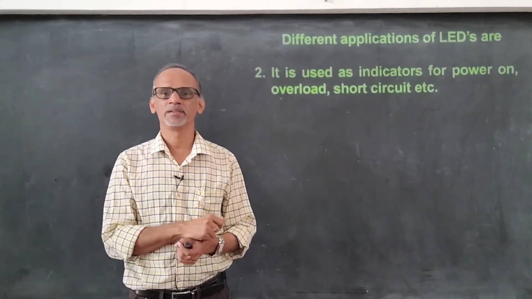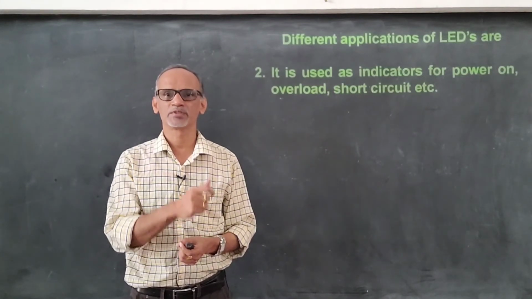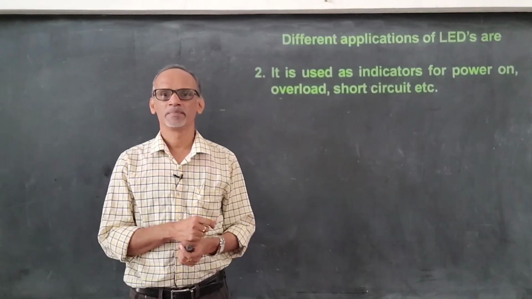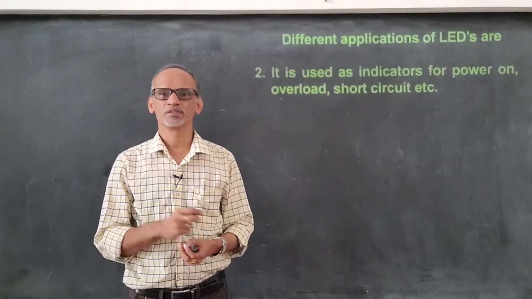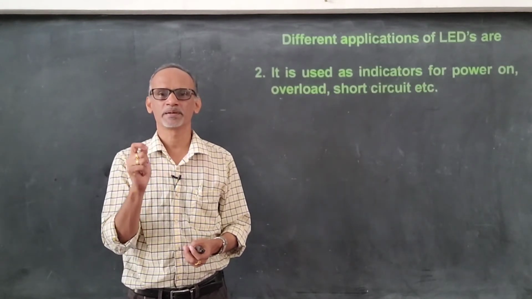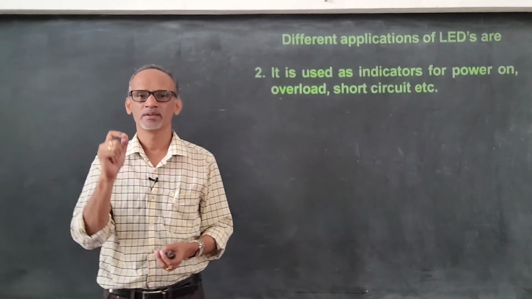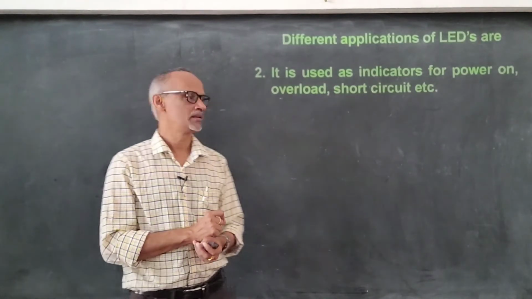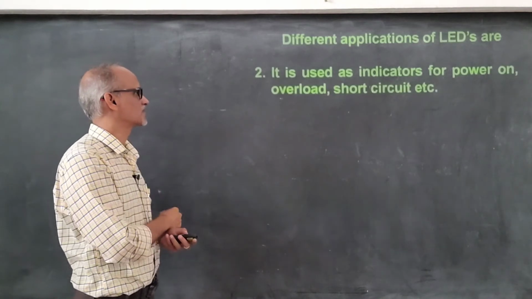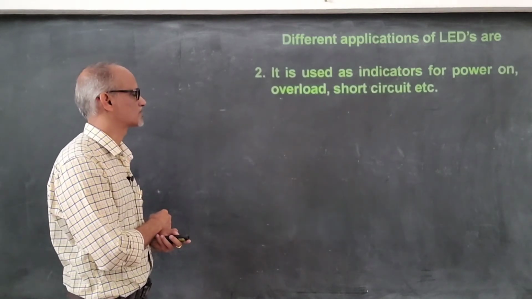You switch on the AC, the refrigerator or the washing machine, everywhere there is a power on indicator. That indicator is nothing but an LED, light emitting diode. So it is used as an indicator for power on, overload, short circuit.